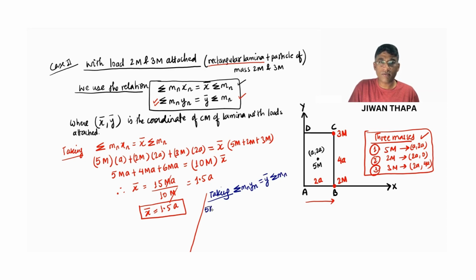So we have mass 5m and its y coordinate 2a, plus mass 2m and its y coordinate 0, plus mass 3m and its y coordinate 4a.